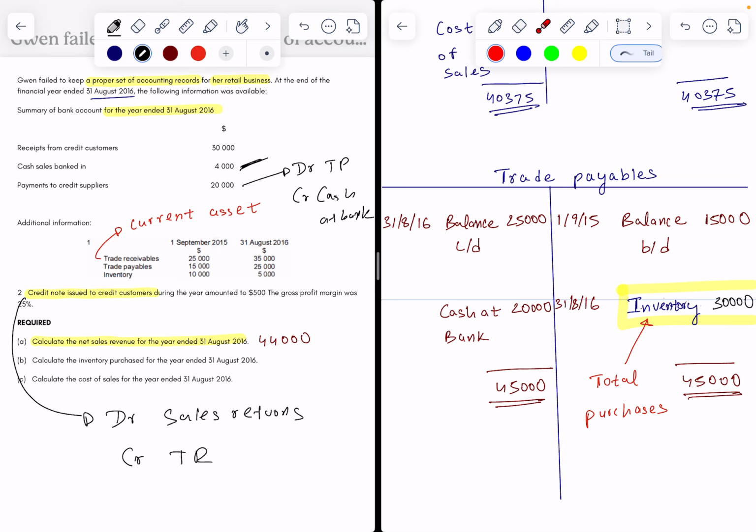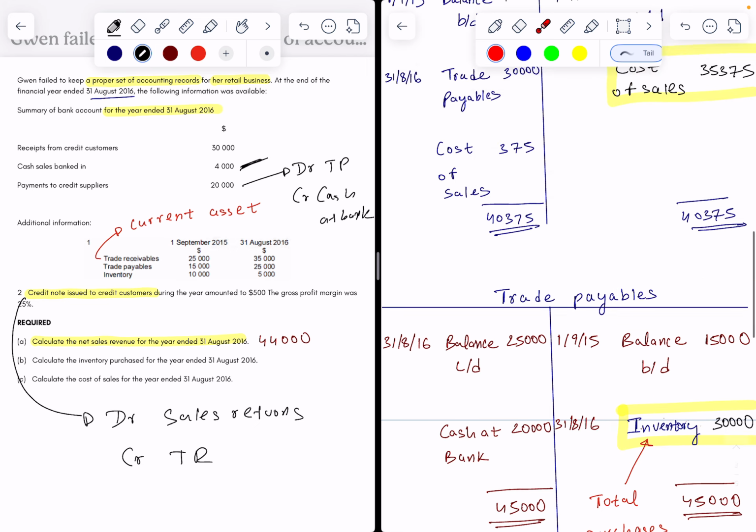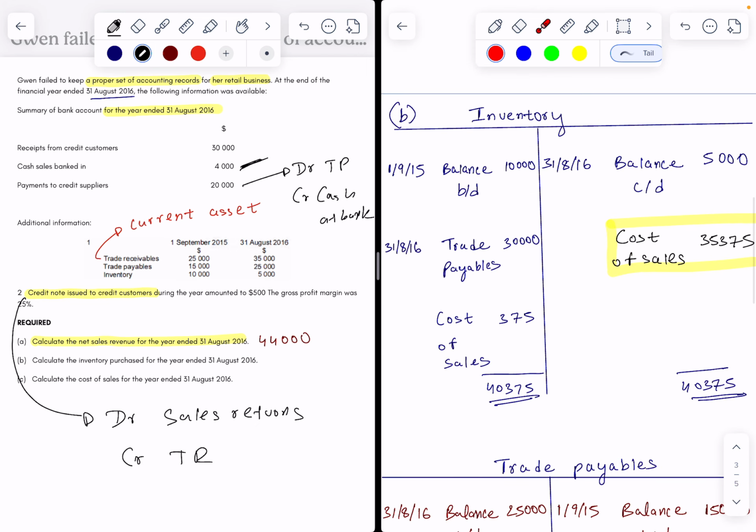So now let's look into the inventory account. Inventory, obviously, we understand is an asset account. No doubt about that. And we also understand that all assets must have an opening balance on the debit side and a closing balance on the credit side. So based on the additional information that is given to us, you can see that inventory on the 1st of September 2015 is $10,000, and inventory at 31st of August 2016 is $5,000.